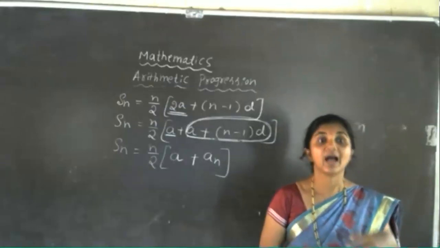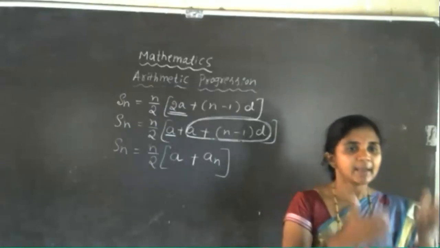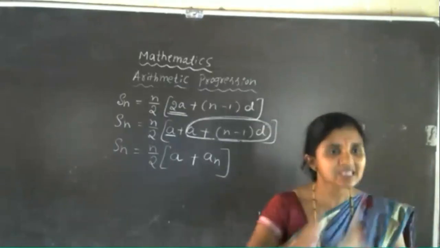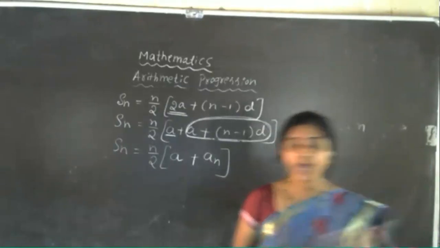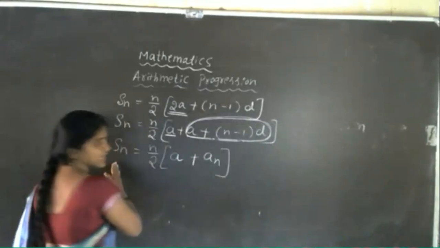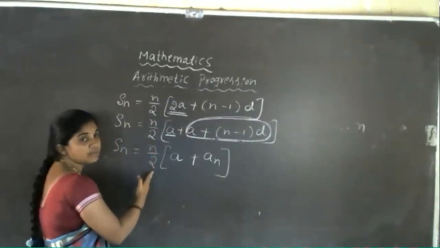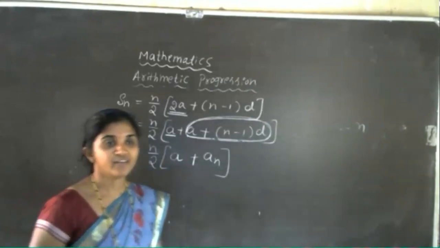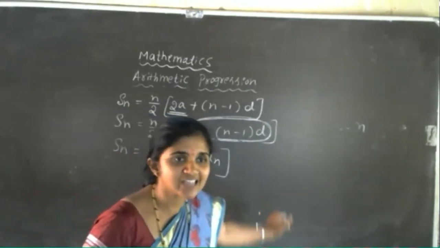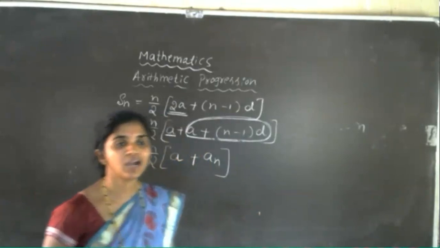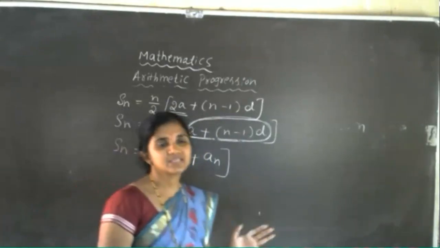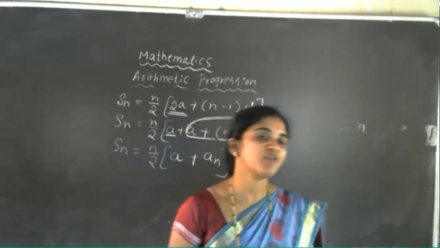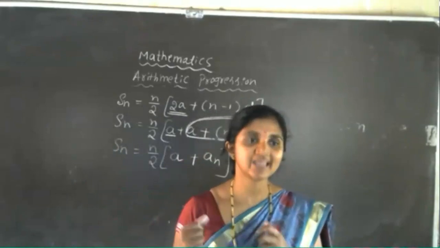Then when the first term and last term of the AP are given, we can use the formula Sn is equal to n divided by 2 into a plus an. Only when the first and last term are given can you use this formula. Okay, this is about the sum of n terms of an AP.